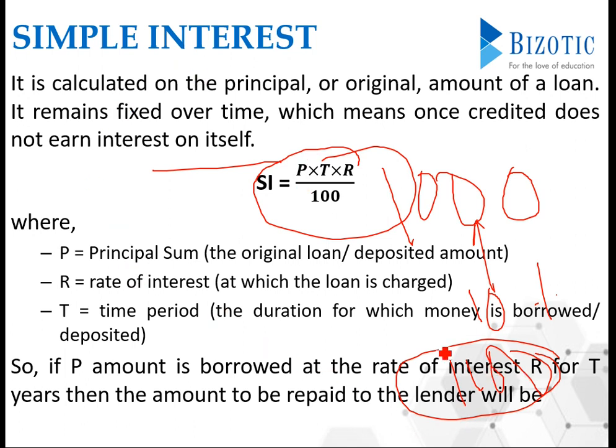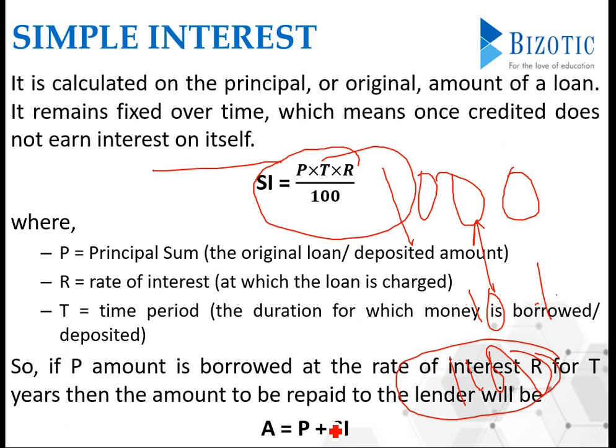If P amount is borrowed at the rate of interest R for T years, then what is the total amount to be repaid to the lender, including your principal amount and interest? That is given by A = P + SI. So calculate the interest, then add it to the principal amount that you have borrowed or given. That gives the total amount which has to be repaid. So this is a very simple concept of simple interest.